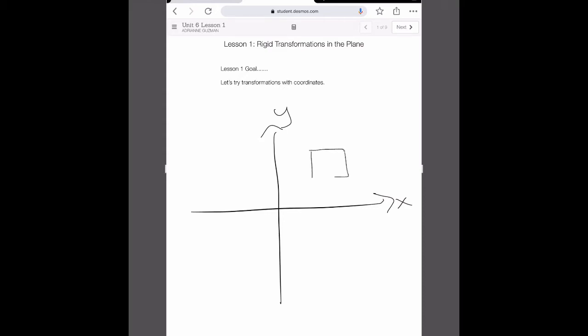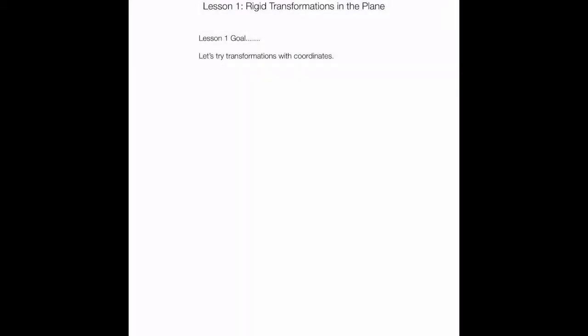Let's say we have a box or a square, and they want us to transform this. Maybe they want us to reflect it, and it might land over here. So it's what we already know, except the difference now is we're using this coordinate plane, the x and y axes. That's it. So let me go back to the lesson.